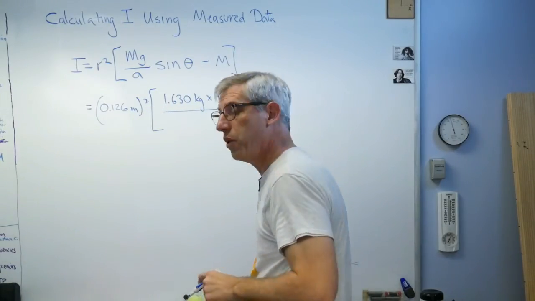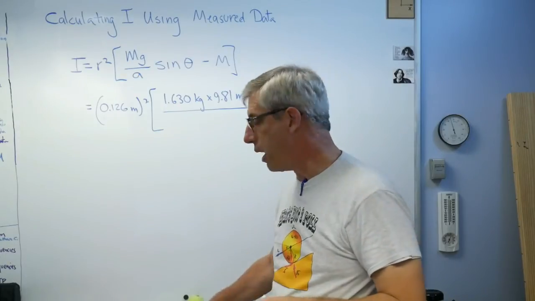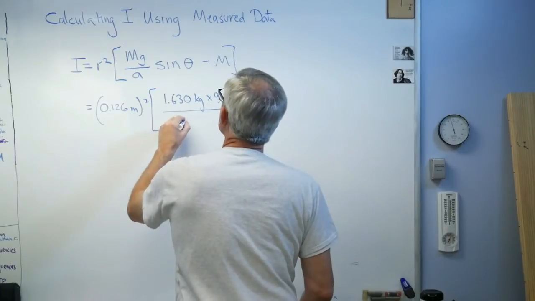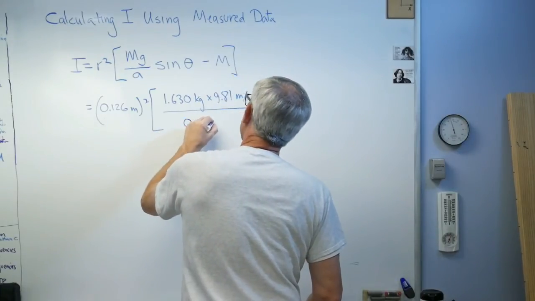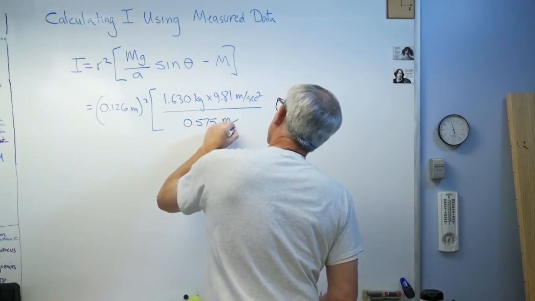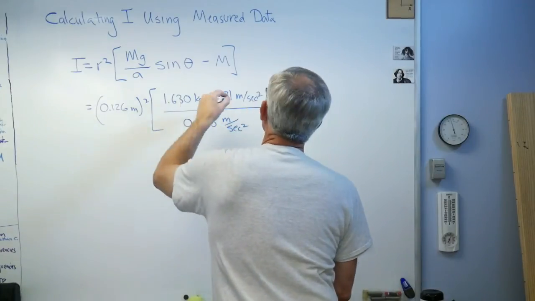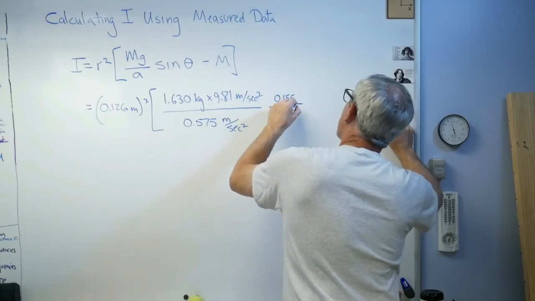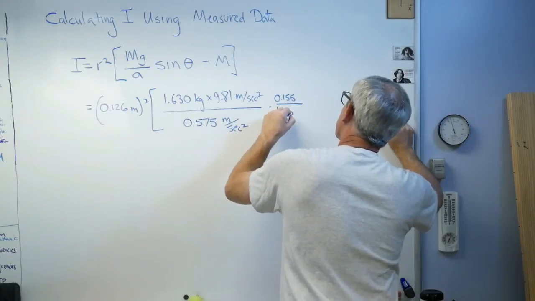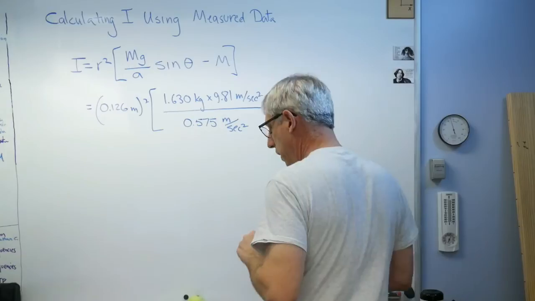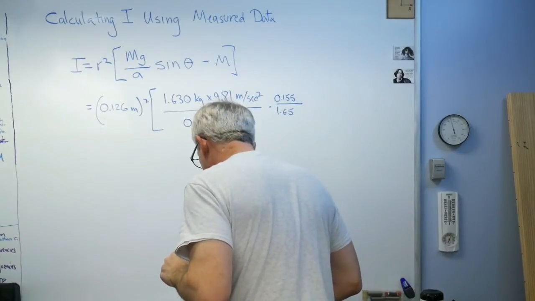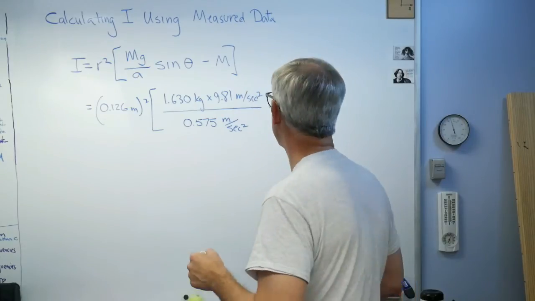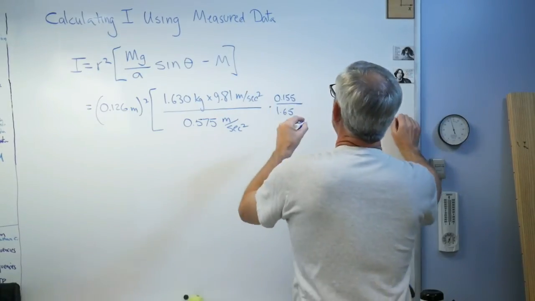Now here's where I get to put that acceleration in that I got from the curve fit, and that was 0.575 meters per second squared. Okay, sine theta, that was 0.155 over 1.65. Turns out to be just a tick less than 6 degrees. It was 5.39 degrees, but it turns out it doesn't really matter.